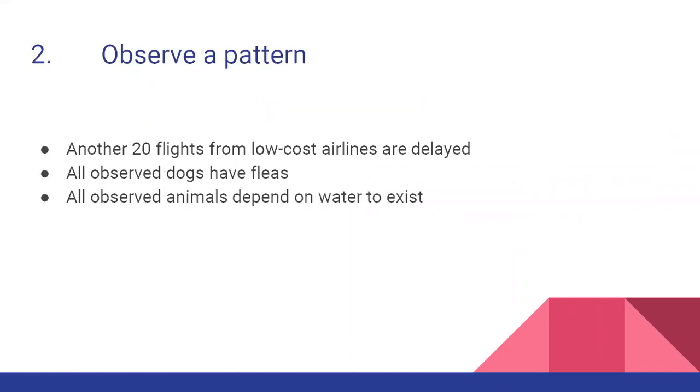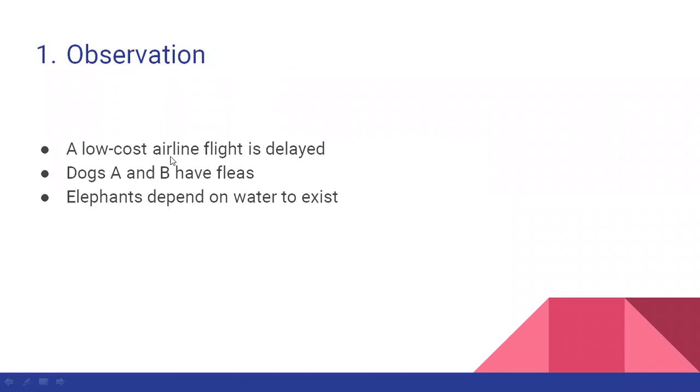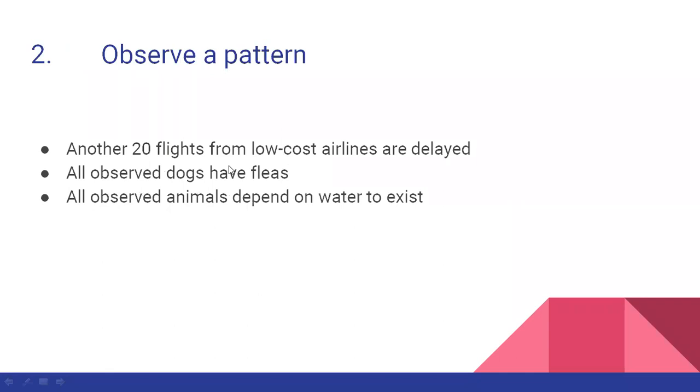Second, observe a pattern. Another 20 flights from low-cost airlines are delayed. The first observation you made is that a low-cost airline flight is delayed. Now, second, you have observed a pattern. And what is the pattern here? The pattern here is low-cost airlines. Another 20 flights from low-cost airlines are delayed.